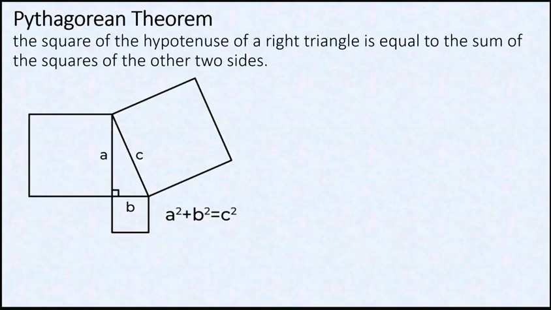So that's a little bit of history about Pythagorean theorem. What has happened over the centuries is it has been reduced to what we see as a squared plus b squared equals c squared. That is definitely not its original conception.